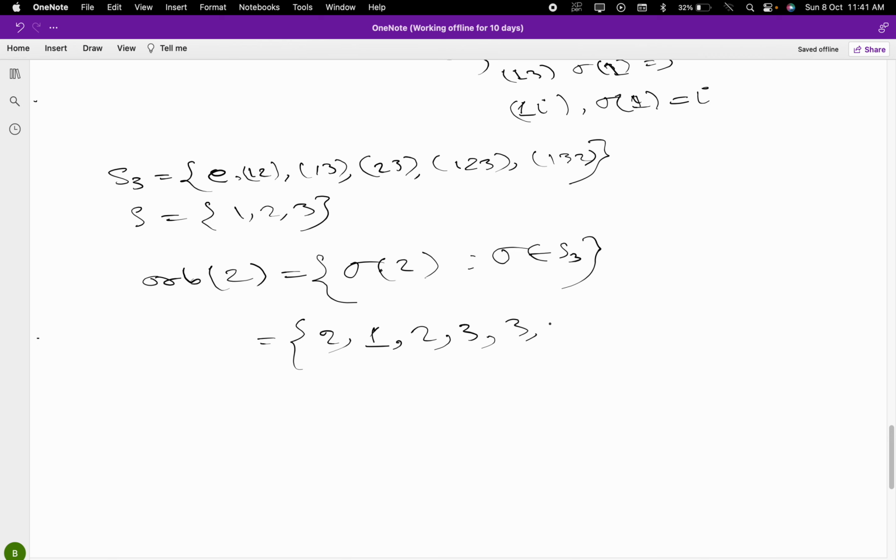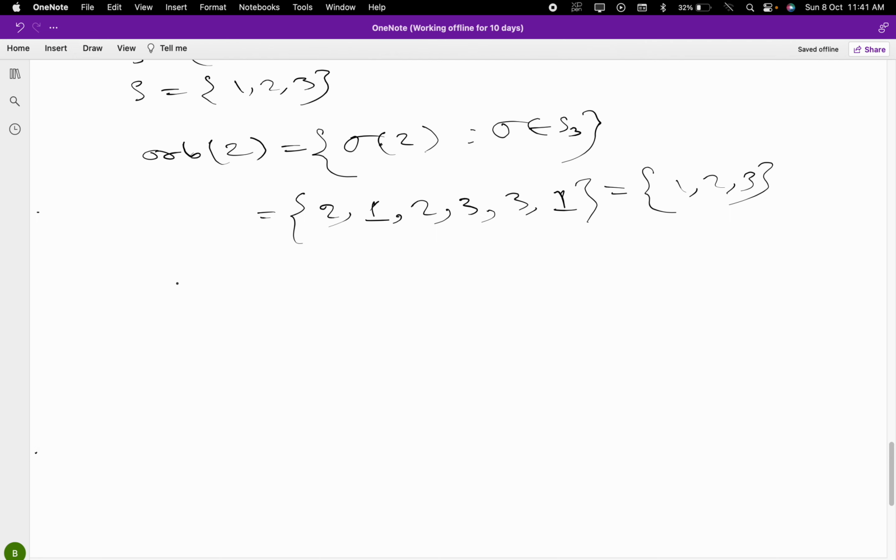If sigma is 2 3, it gives 3. The remaining ones give repeating elements, so you don't have to take repeated elements in the set. So the orbit of 2 equals the orbit of 3, which equals the orbit of 1.